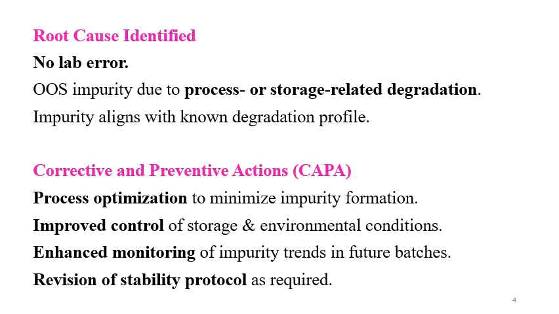These are the very important lines. Once you identify the root cause, you need to do some corrective and preventive actions. You need to set some controls. So these are the points to have an effective CAPA: process optimization, improved control, enhanced monitoring, and revision of the stability protocol if required.